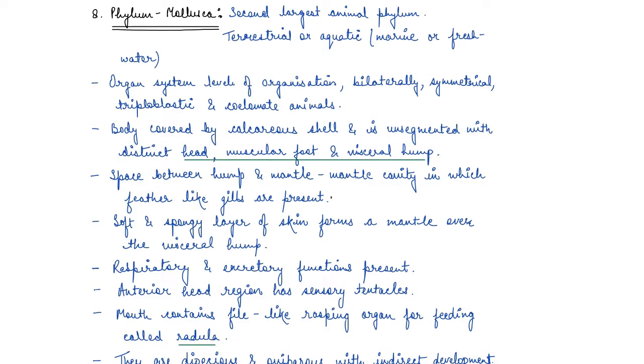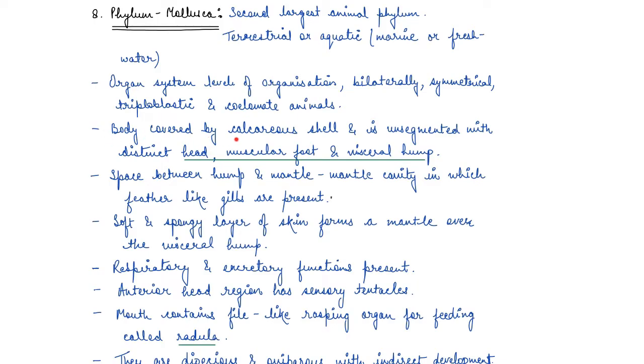Now, what kind of body organization do they have? Again, they have an advanced organ system level of organization. They are bilaterally symmetrical, triploblastic and coelomate animals. Okay, now here what we saw in the case of Arthropoda is basically a chitinous covering, right? A chitinous exoskeleton.